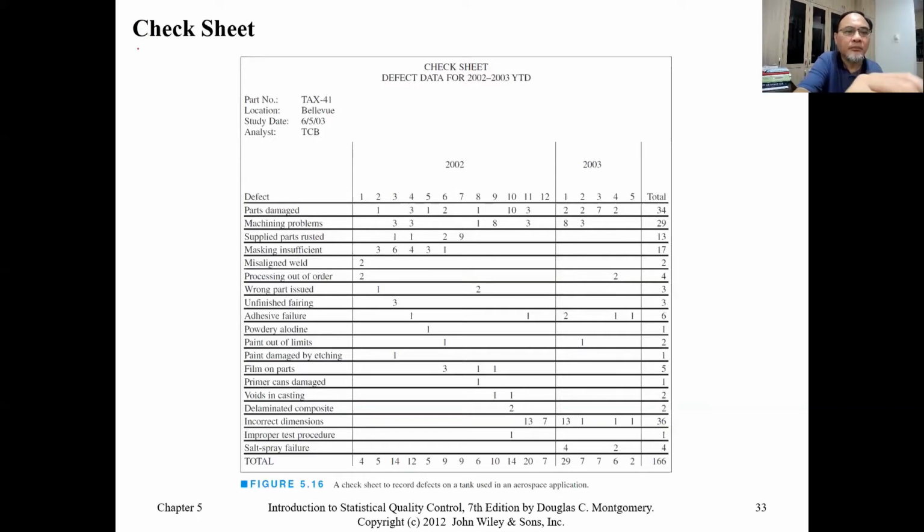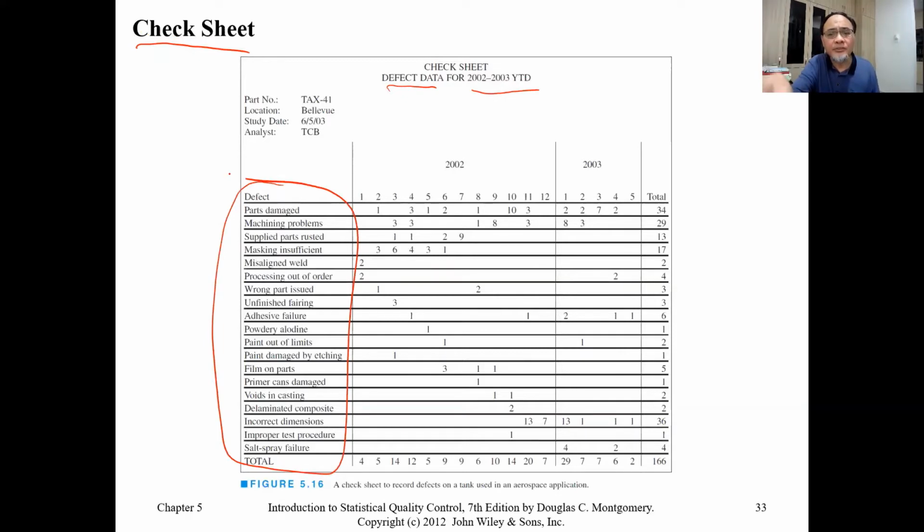For example, this is defect data for this process, and these are the defect types, and you want to find out the frequency of occurrence for the different types of defects. For example, this is paint damage, machining problems, and so on.